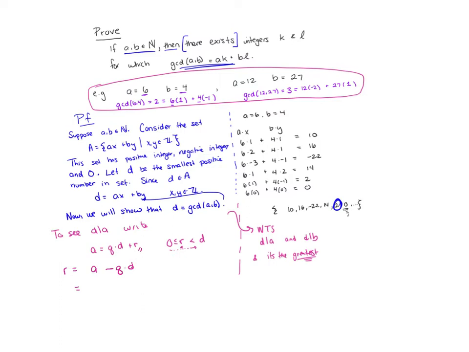I know D is equal to A times x plus B times y. So I have that minus there. So if I just distribute this out and factor out my A, I've got A times (1 minus Qx) plus B times negative Qy.